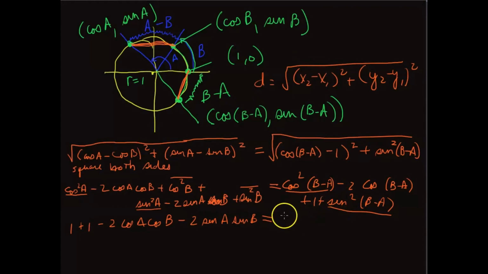We've got the 1 here that was already there, plus another 1 for the cosine squared plus sine squared, minus 2 cosine b minus a. Okay, you've got 2 on the side, cancels with 2 on the side. We can divide everybody by a negative 2.